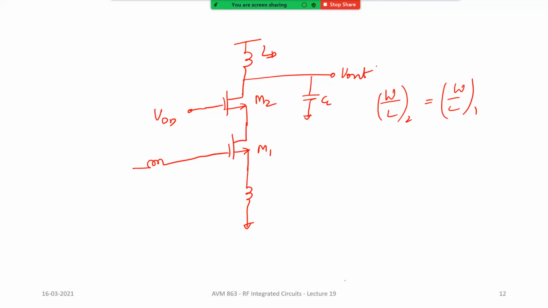Okay, and now what happens is this M2 transistor is basically going to kind of shield your actual input transistor M1. So let us see how that is happening. So we can model this inductor LD as something with a parallel resistance, let's say R. Let me just call it as RD.